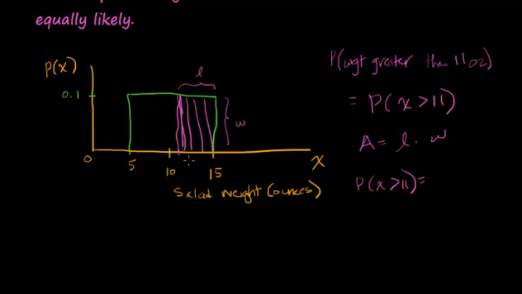From 11 to 15, that's 4. So it would be 4 times, and we already know that probability, 0.1. So there's a 0.4 probability that a randomly selected customer would choose a salad weight greater than 11 ounces. So we're making that connection here between area and probability.